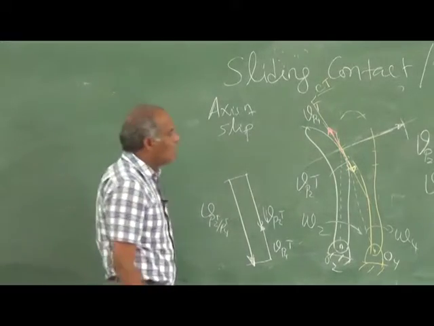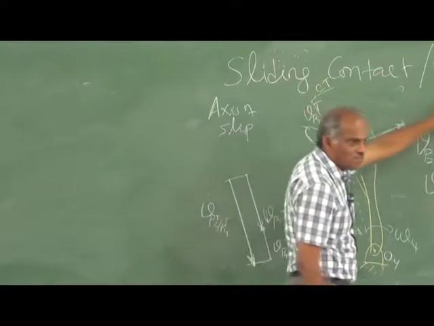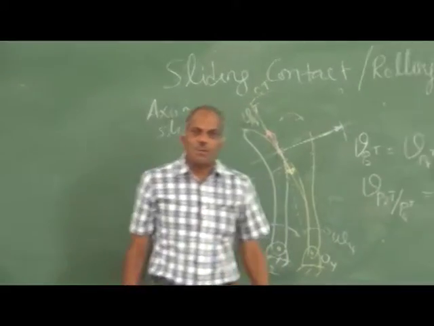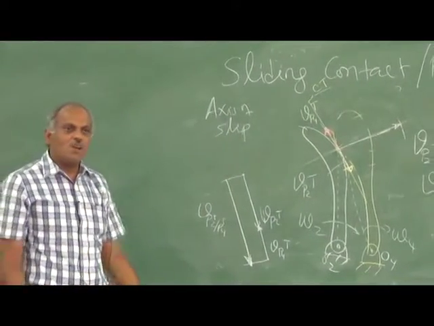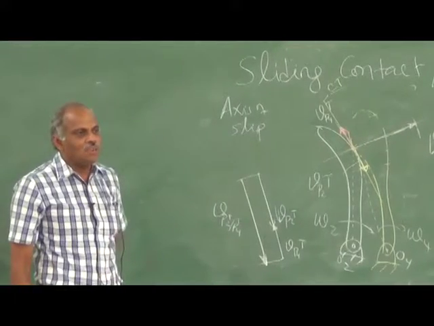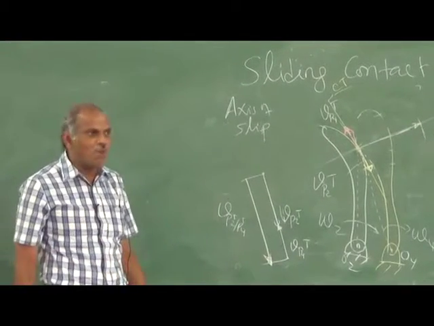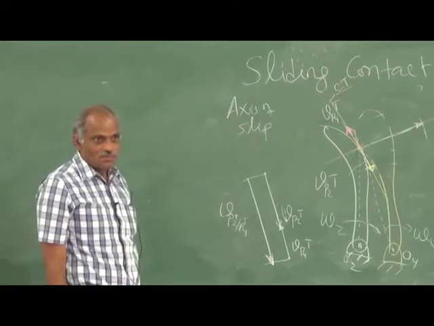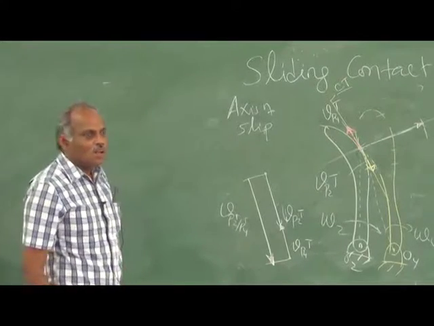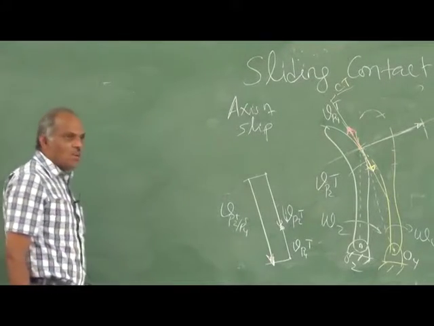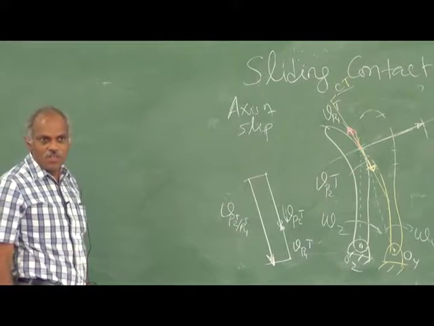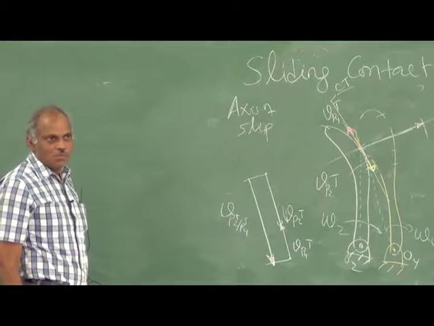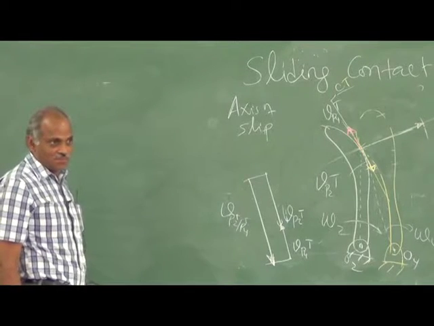Okay? But there is another contact I have written here, that is called rolling contact. By definition, rolling contact is the one where there is no relative motion between the two rigid bodies. What is the rolling contact? You know that in our curriculum we don't discuss rolling friction at all.